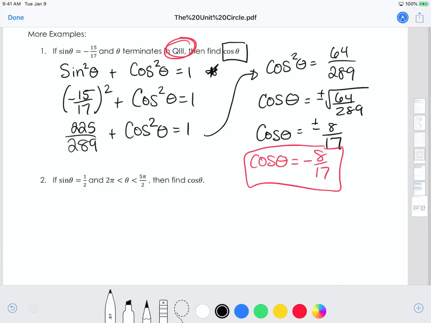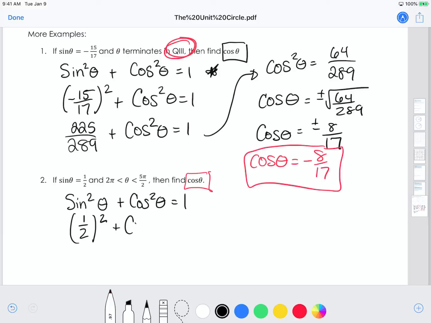Okay, in this last example, it's very similar. We're going to use sine squared theta plus cosine squared theta is equal to 1 again. And we're given that sine theta is a half, so I'm going to plug in a half for sine theta, and I'm going to solve this for cosine theta because the question is asking me to find cosine.